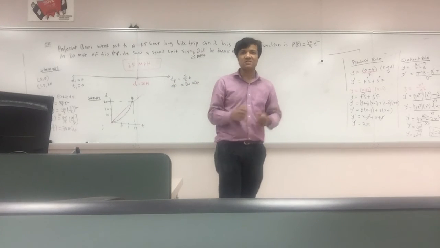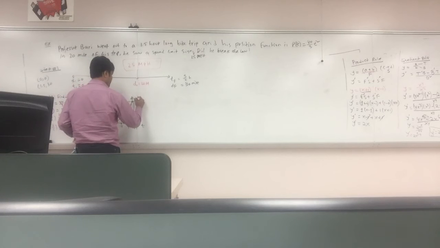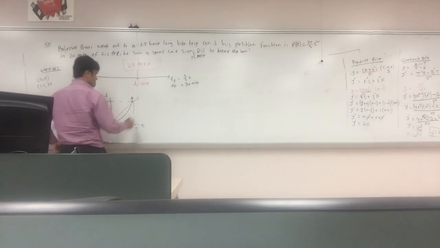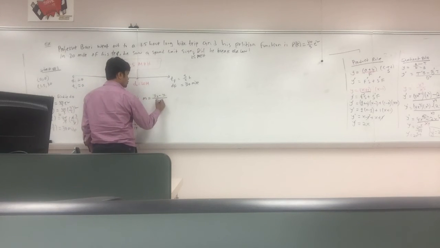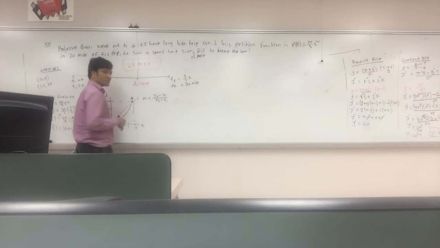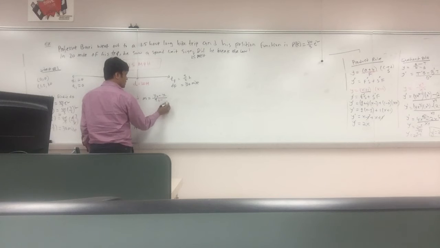Now let's find the slope of this line, the red line. We know that the slope formula is y2 minus y1 over x2 minus x1, but it is tradition that for time we put t2 minus t1 and d2 minus d1.